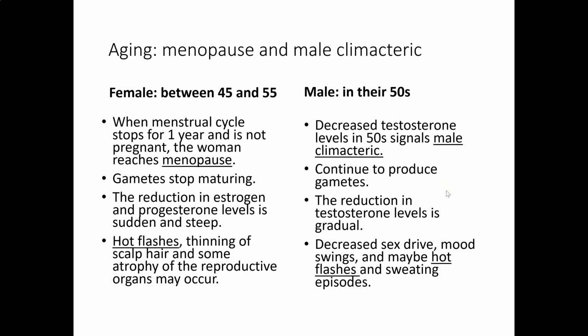Maybe the numbers are lower, but they are still constantly churning out sperm. Versus the females, when the menstrual cycle stops, that means no gametes are going to be matured and produced, right? So this is the contrast part, the different part.